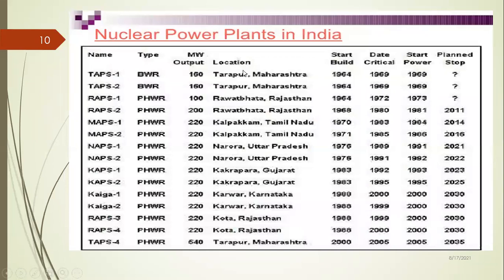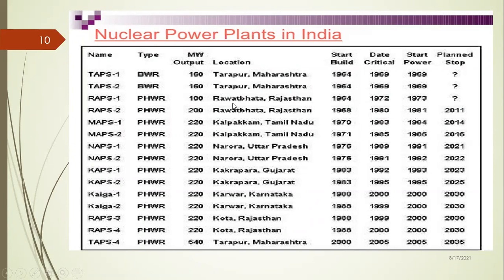And this is the list of the various nuclear power plants in India. It is there in Tarapur, Maharashtra, having a capacity of 160 megawatt, started in 1964, went critical in 1969, then started power in 1969.